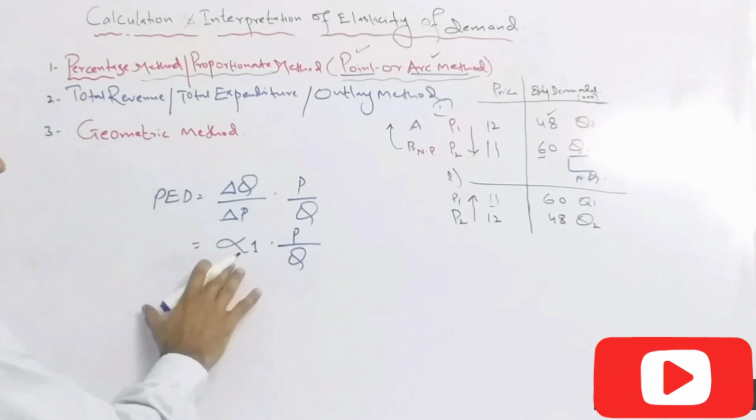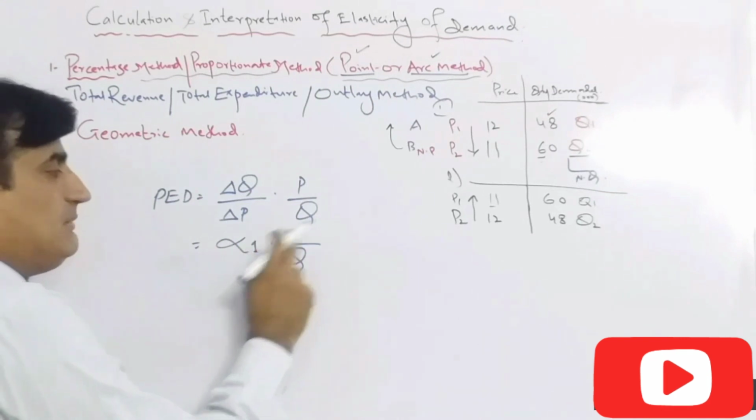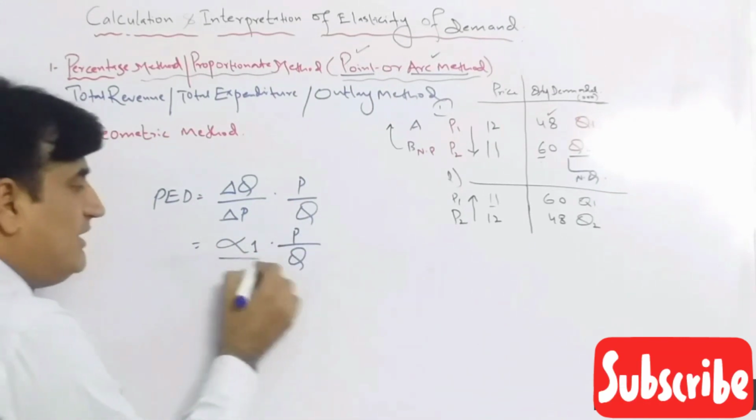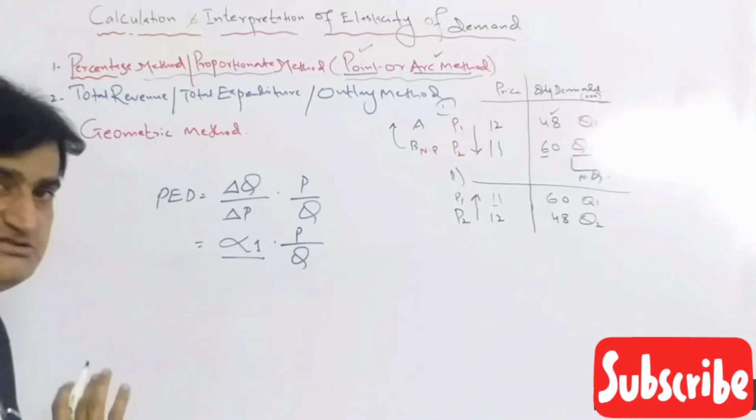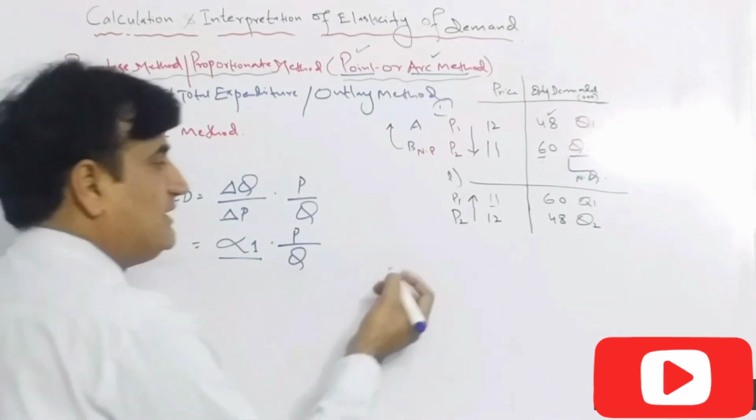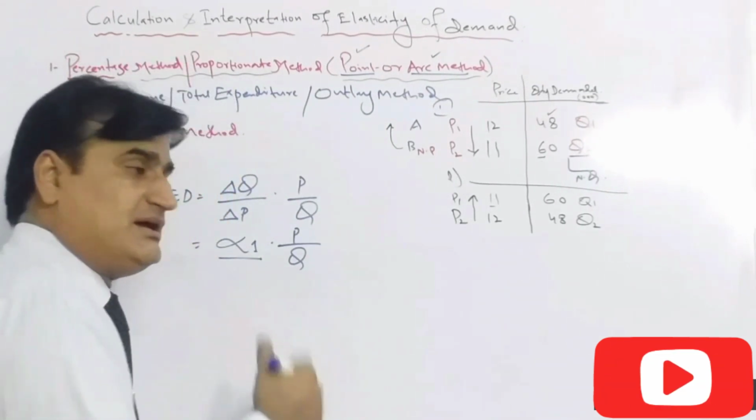So this is the same thing. If you are given alpha 1 multiplied by P over Q, the alpha 1 means the change in Q over change in P.